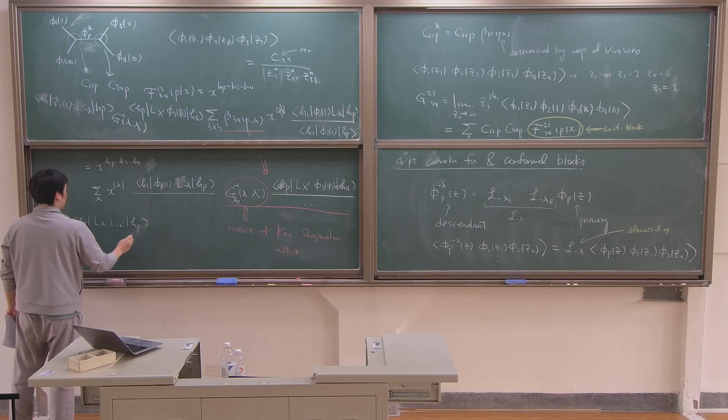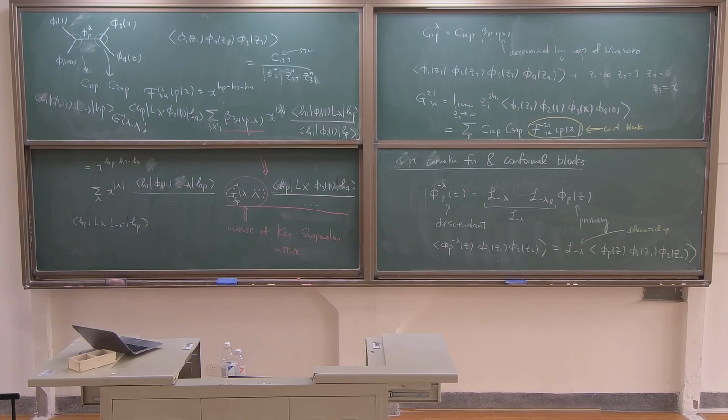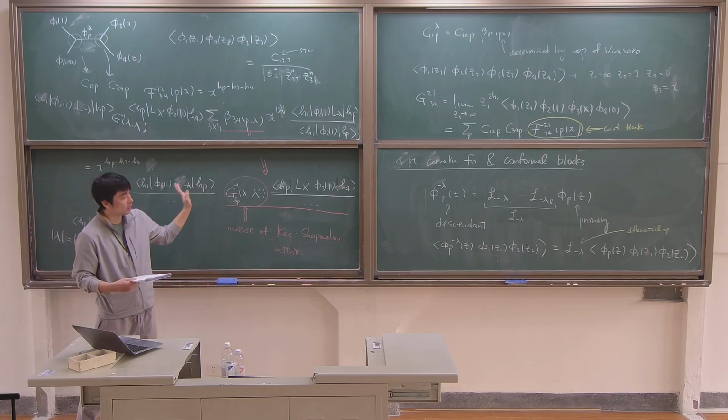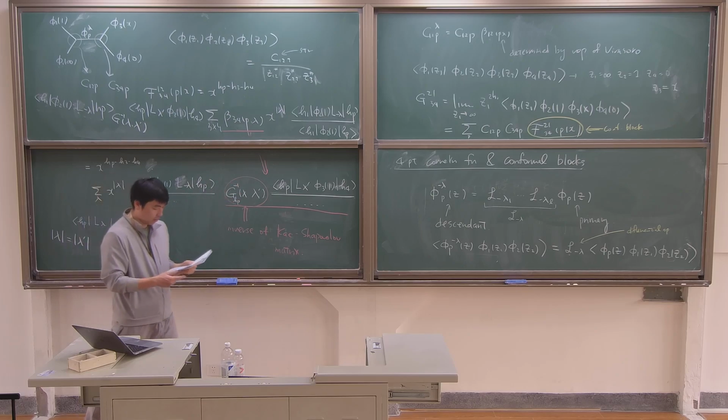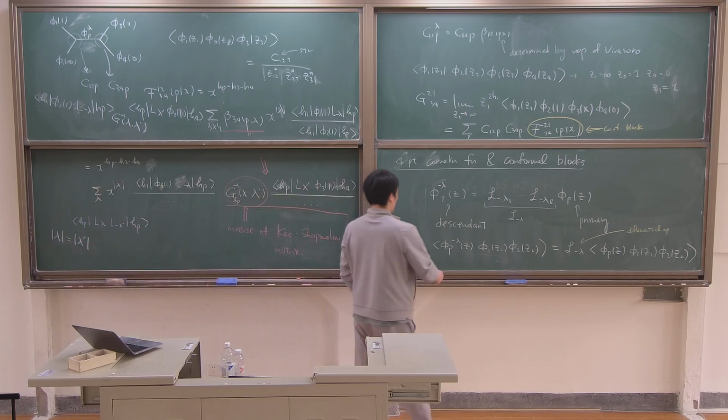So this is the Kac-Shapovalov matrix. And the number of boxes of lambda should be equal to that of lambda prime. So this is the Kac determinant, which we already studied. And we just insert the inverse of this matrix and glue them together. So that's a conformal block.